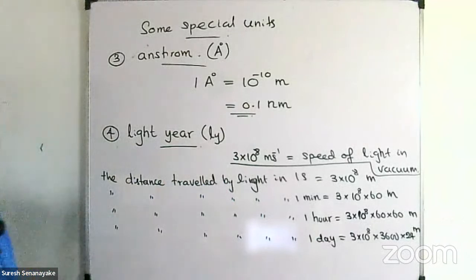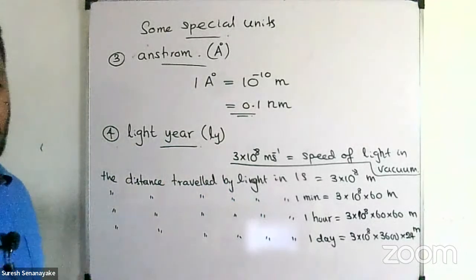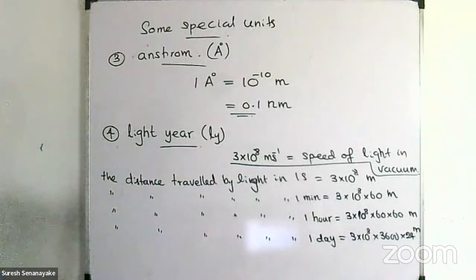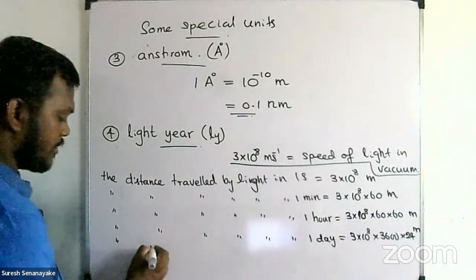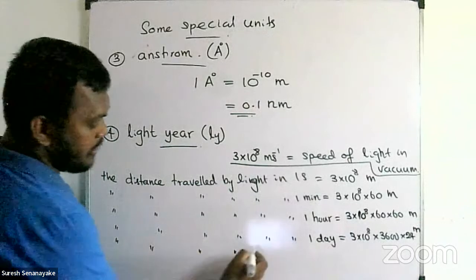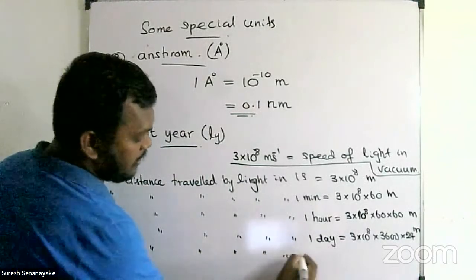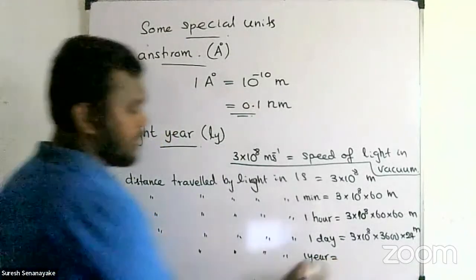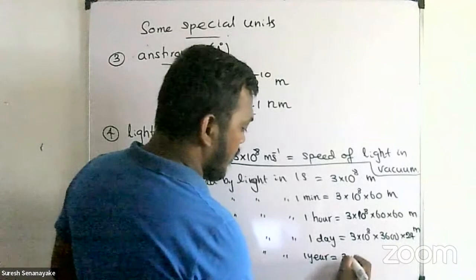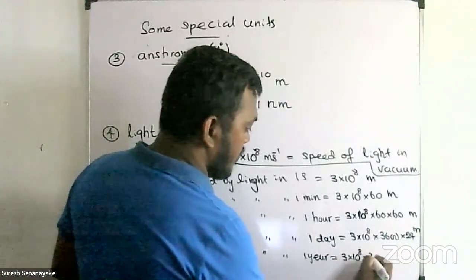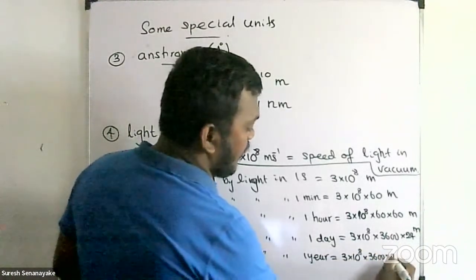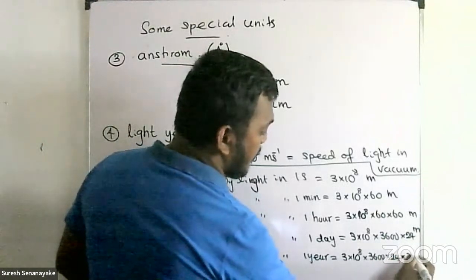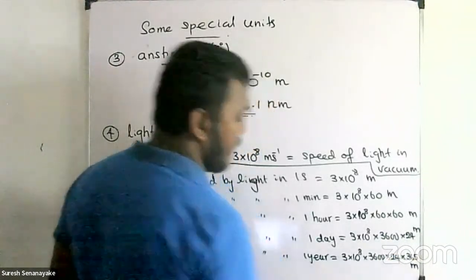So in 1 year there are 365 days. Actually, the real number of days in a year is 365.25, but I'm using 365 only. So the distance traveled by light in 1 year: you need to multiply this value by 365. 3 into 10 to the 8 times 3,600 times 24 multiplied by 365 meters.